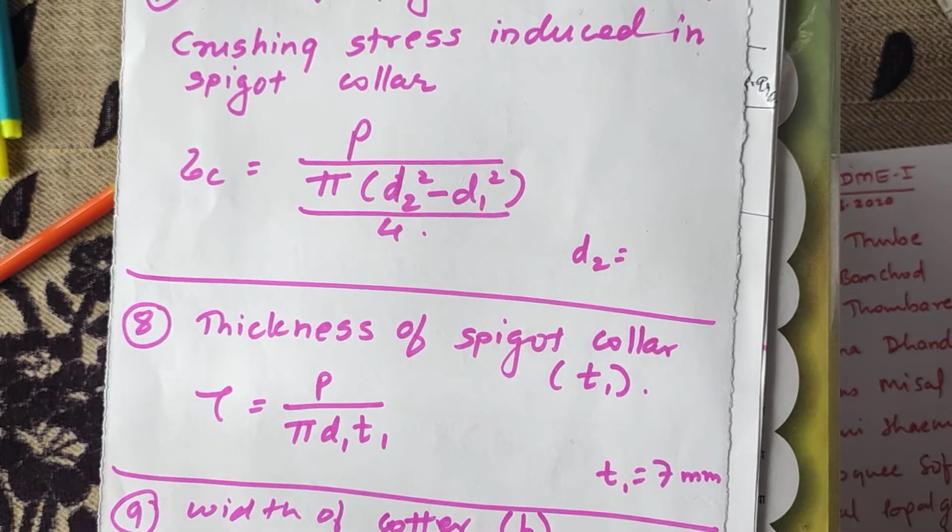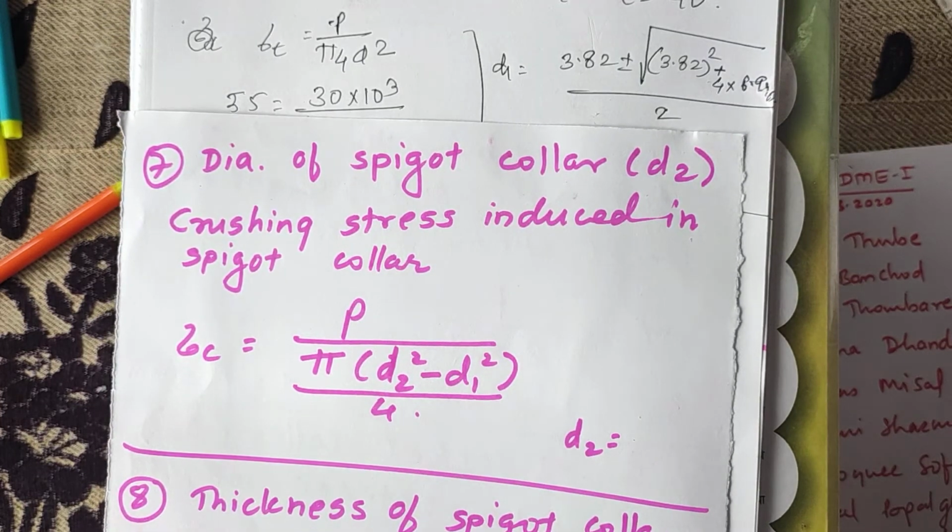Seventh, the diameter of the spigot collar, small d2. For this, consider the crushing stress induced in the spigot collar. Sigma C equal to P upon pi by 4 small d2 square minus small d1 square.